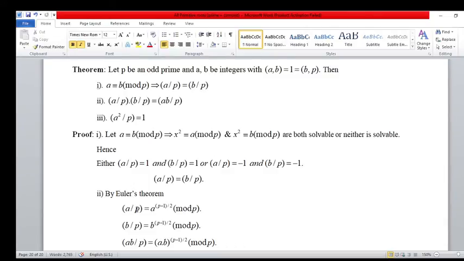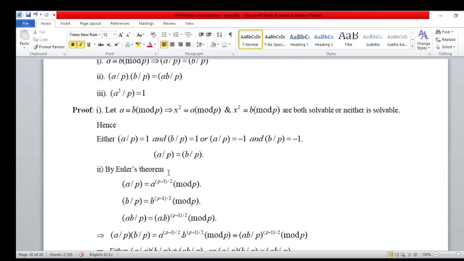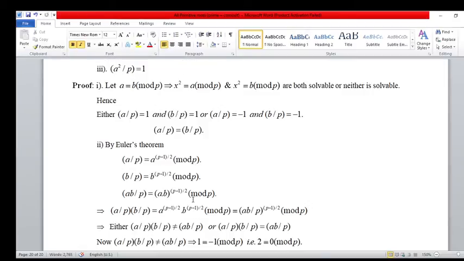Now the second. By Euler's theorem, (a upon p) is congruent to a raised to the power (p minus 1) upon 2 mod p, and (b upon p) is congruent to b raised to the power (p minus 1) upon 2 mod p. Now multiplying, (ab upon p) is congruent to ab raised to the power (p minus 1) upon 2 mod p.